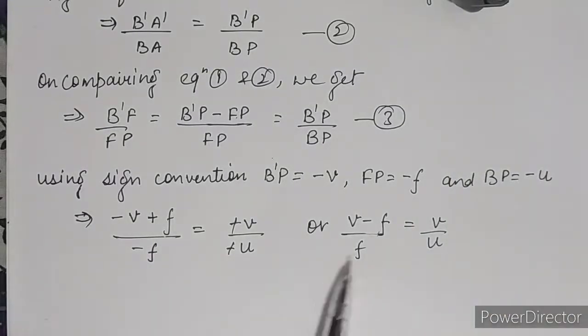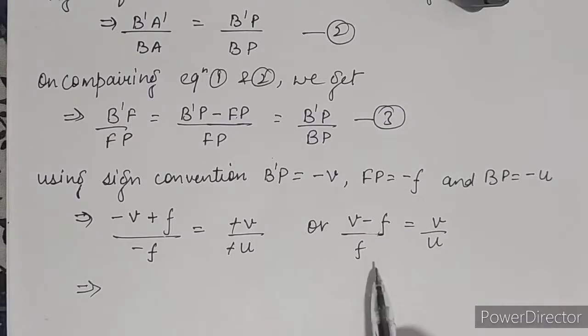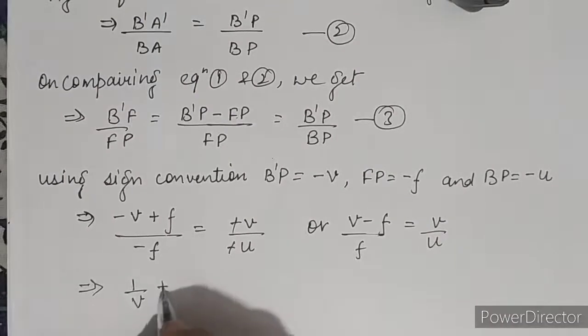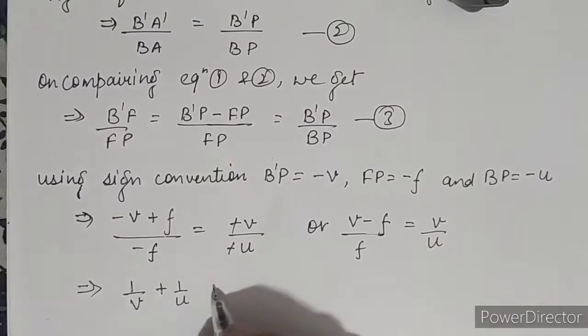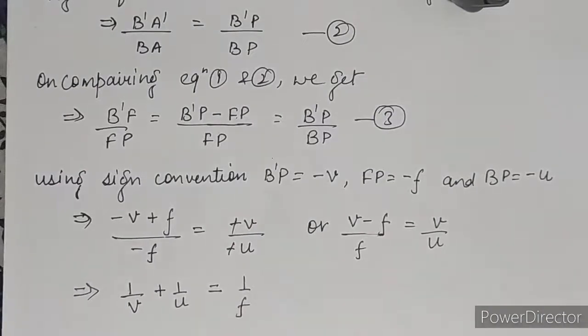Now I am taking it into consideration. So what we get? I have to divide all these terms. Okay. So from this equation we conclude that 1 upon V plus 1 upon U is equal to 1 upon F.